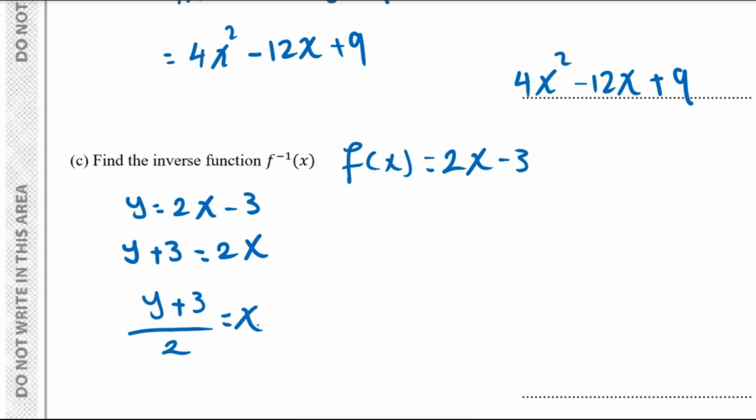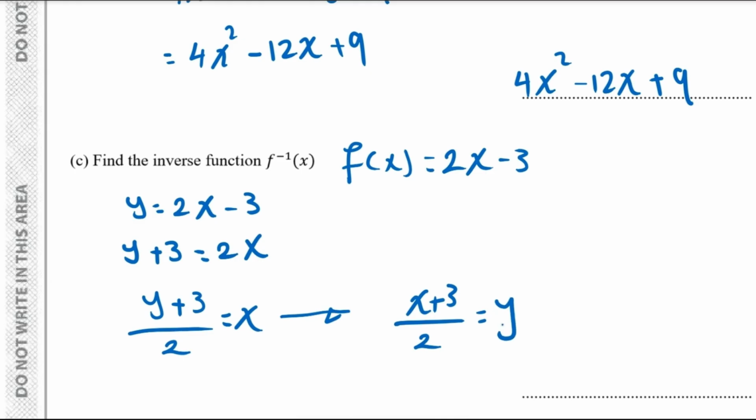Till now, we didn't finish. In order to make the inverse function correctly written, we need to swap x and y. What does it mean? Instead of y plus 3, it would be x plus 3, x plus 3 divided by 2 equals y.